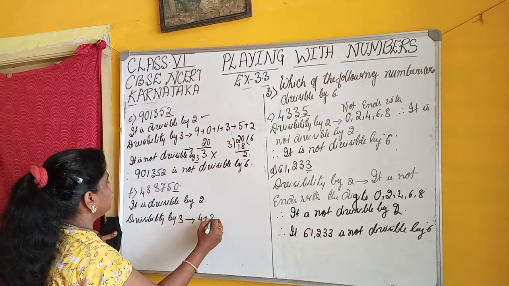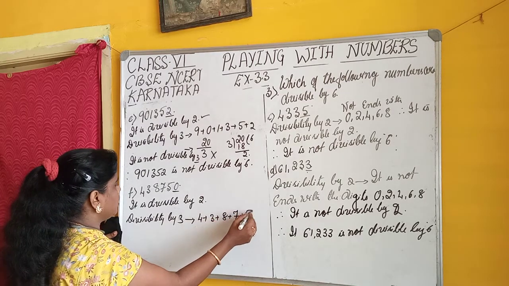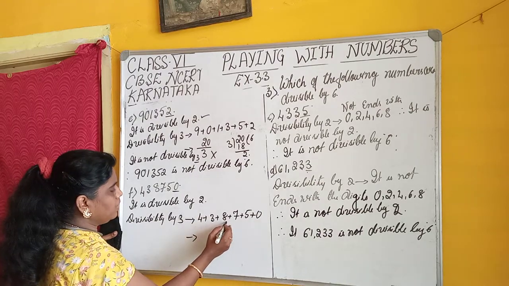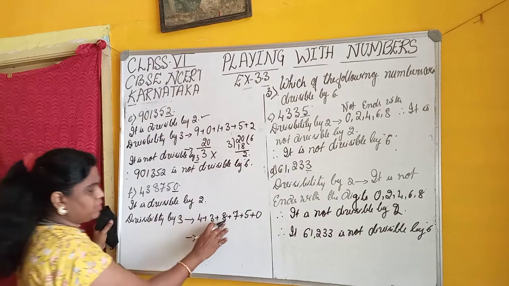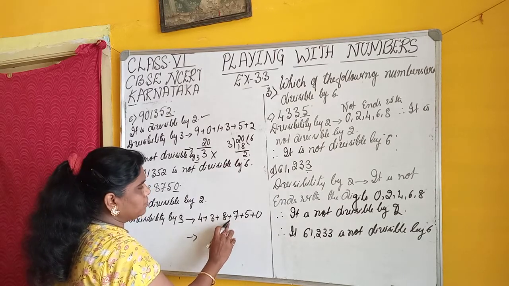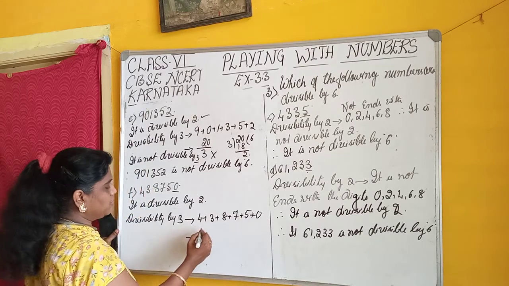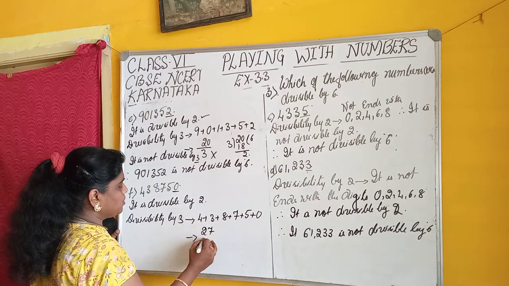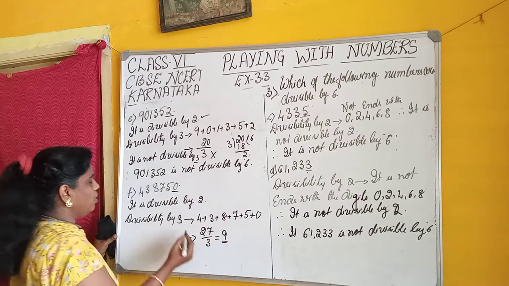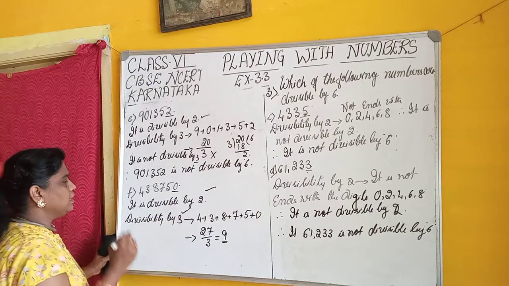That is 4 plus 3 plus 8 plus 7 plus 5 plus 0. 4 plus 3 is 7, 7 plus 8 is 15, 15 plus 7 is 22, 22 plus 5 is 27. Is it divisible by 3? Yes. 3 9s are 27. It is divisible by 2 and it is divisible by 3.